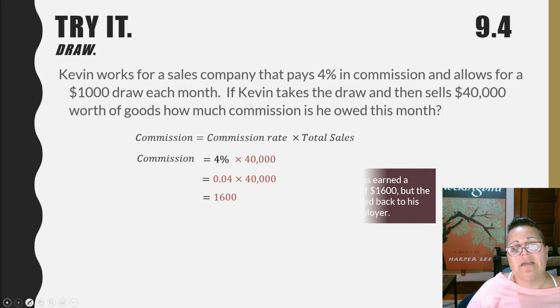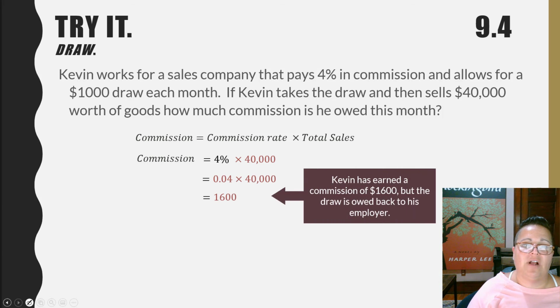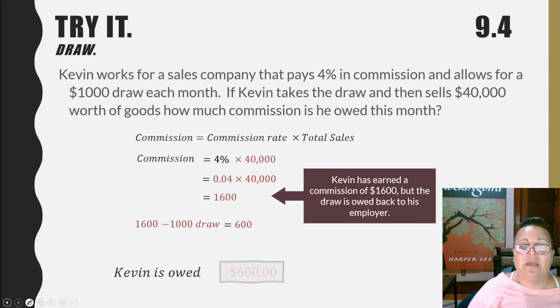Kevin earned a commission of $1,600, but the draw still has to be paid back to his employer. And he took a draw of $1,000. So if I take $1,600 and I subtract the $1,000 draw, this means that Kevin is only owed $600.